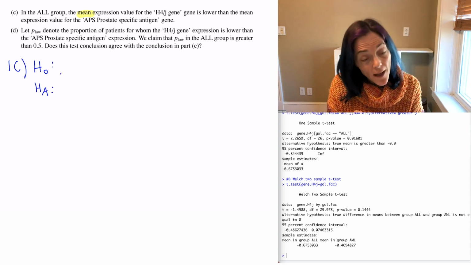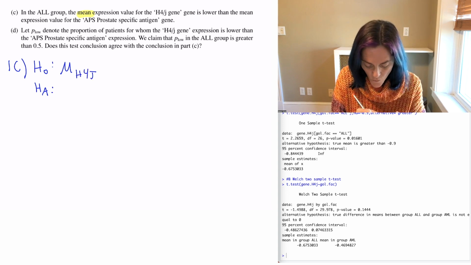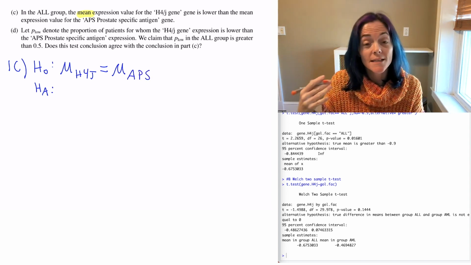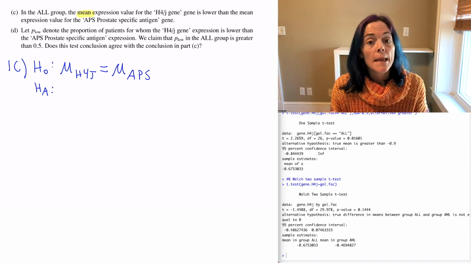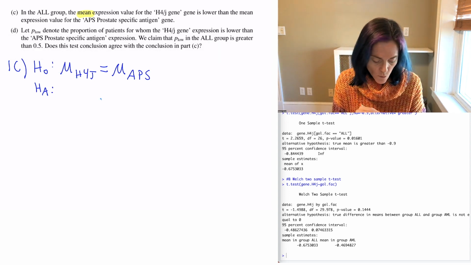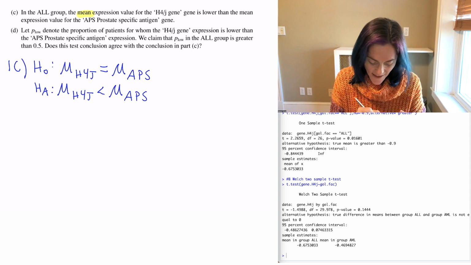The null hypothesis, maybe I will use subscripts here: the mean H4J will be equal to the mean of the APS. Here we are just looking at the ALL group. But then this will be one-sided. The alternative is that we have a less than.